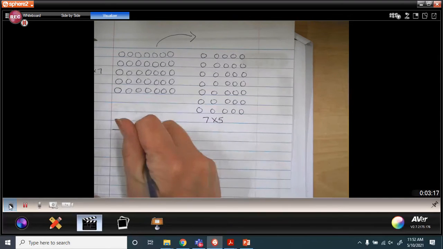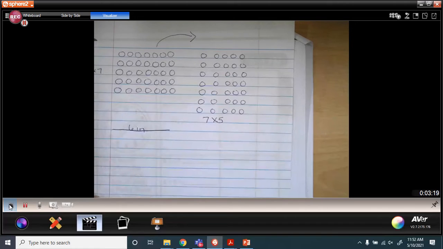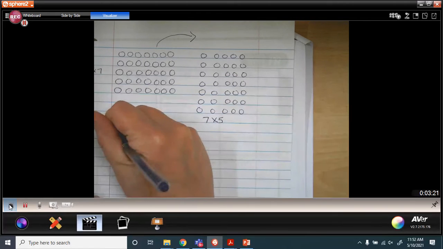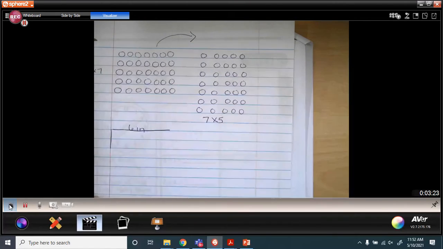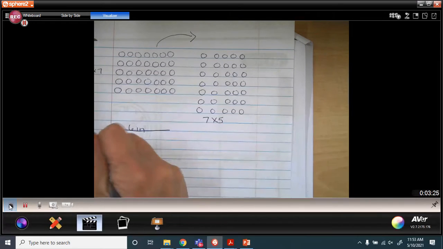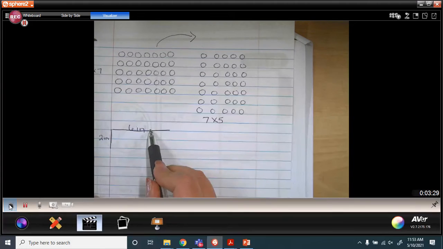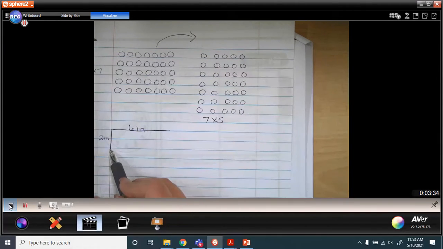Yes. The length of that line is 6 inches. Now, if I go down 2 spaces, the length of that line is 2 inches. Now, if this is 6 inches and this is 2 inches, so far, how many inches are these 2 lines together? These are going to be 8.